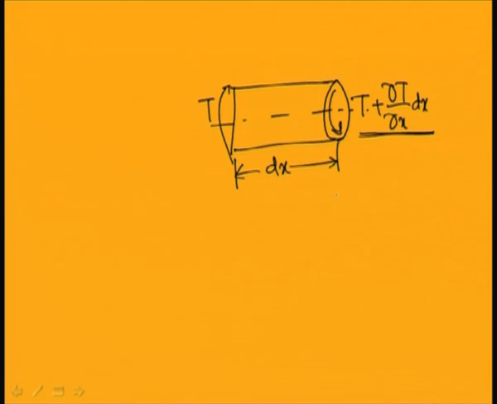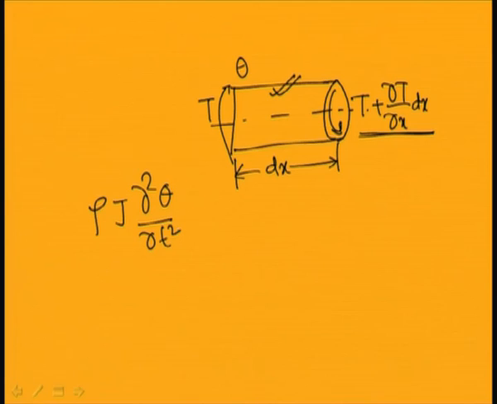By applying Newton's second law, for this elemental length dx, the inertia torque equals the moment of inertia into theta double dot, where theta is the rotation of the shaft. So, I can write this as rho into J into dx into del square theta by del t square.